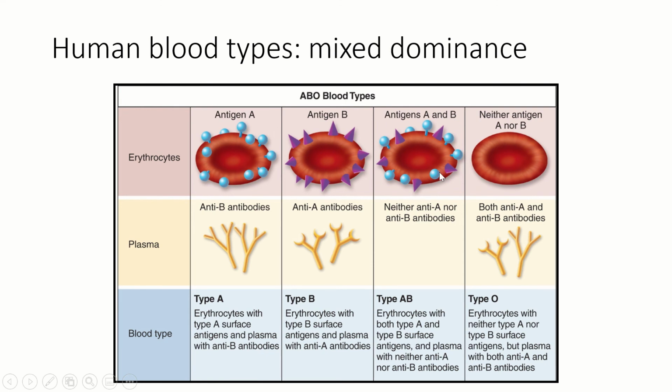From a genetic point of view, this is really interesting because A and B are both present, so A and B are codominant to each other. But A and B are both dominant to O. So if you have type A blood, you could either have the genotype AA or AO. Same with B: if you have the blood type B, you could have the genotype BB or BO.